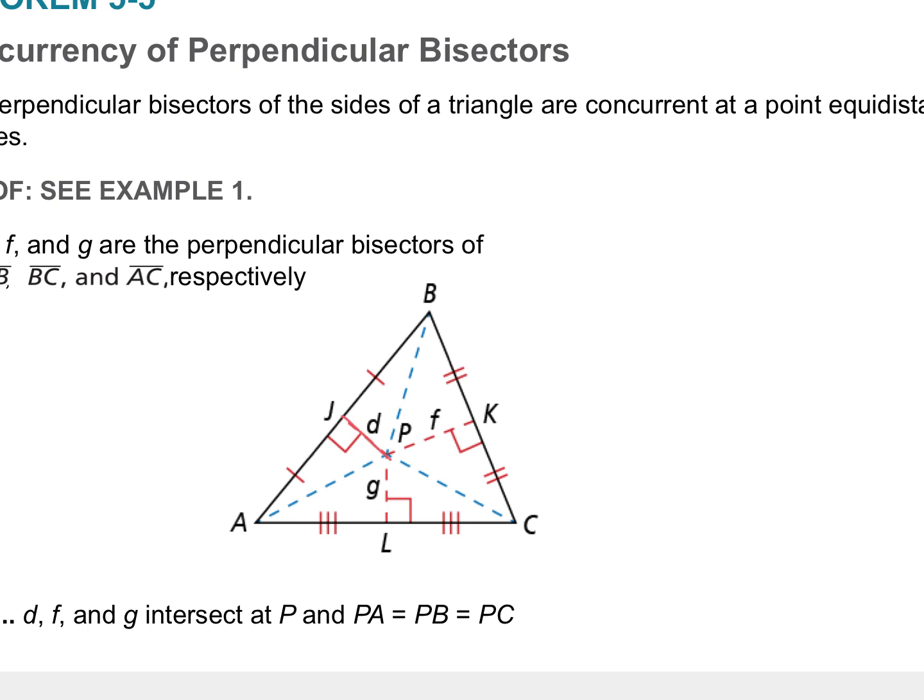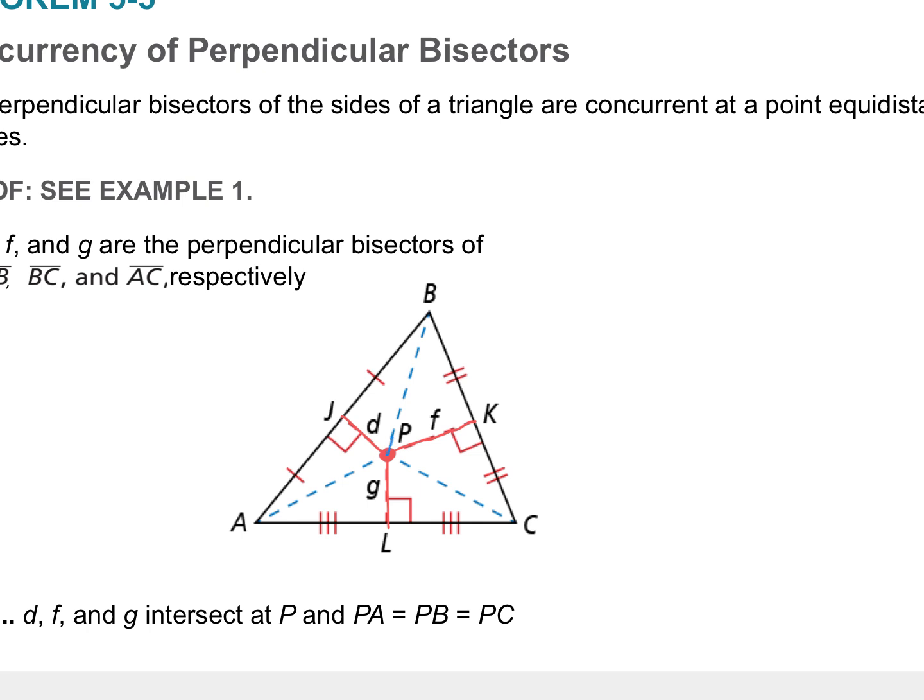So we know those 3 lines are perpendicular bisectors. What do we care the most about them? Where they meet, right? Put a dot there. We care about that point right there. Since they meet at a concurrent point, what did we just learn is true? Then A, B, and C are all congruent with the vertices.